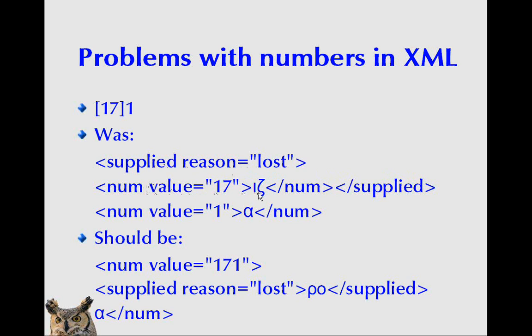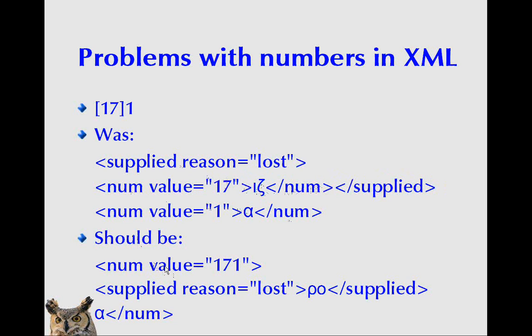Here's the iota zeta, and then supplied, and finally the num 1 alpha. What this really should have been was num 171, and then supplied reason lost rho omicron. So we had to go in and find these strange nums that were spanned by supplied, and they should have been put together. That was hard to do.